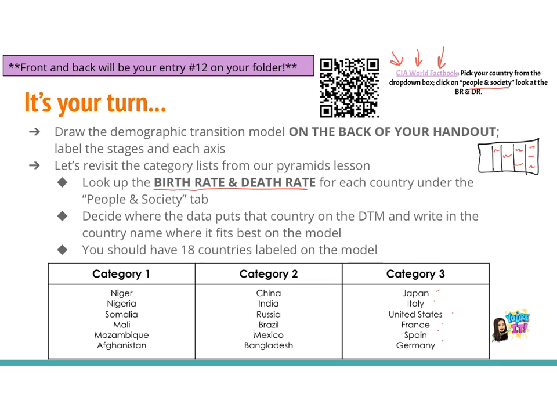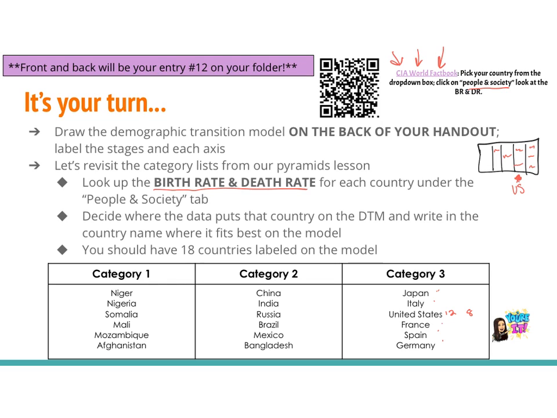I will give you a hint. The U.S., the birth rate is 12 and the death rate is 8, okay? So that means the U.S. is going to go in stage 4, okay?